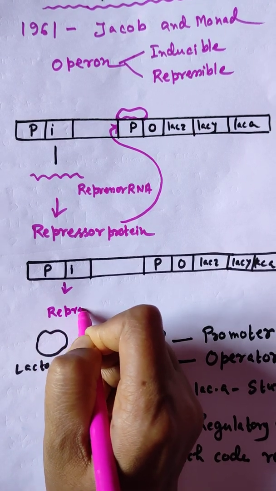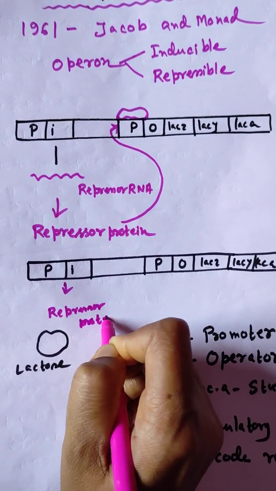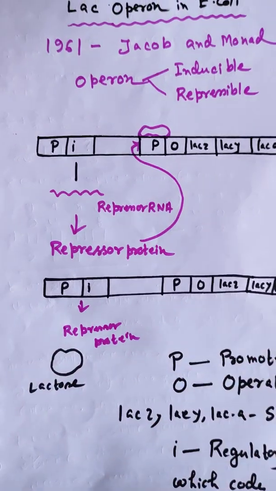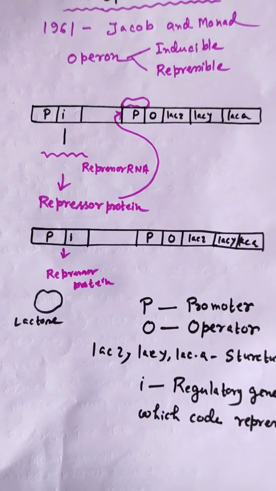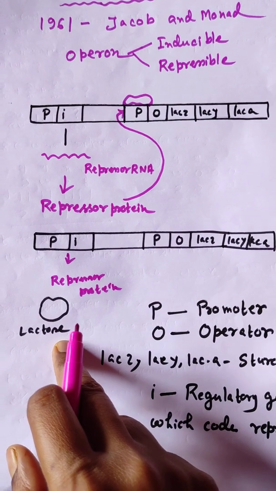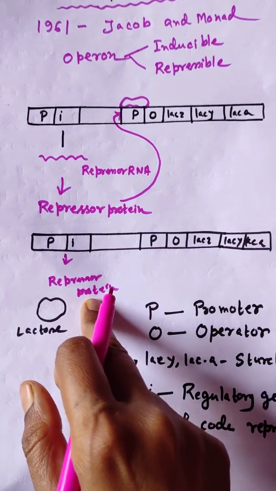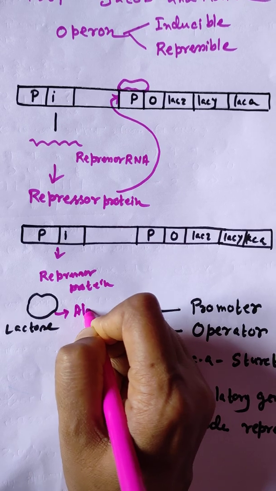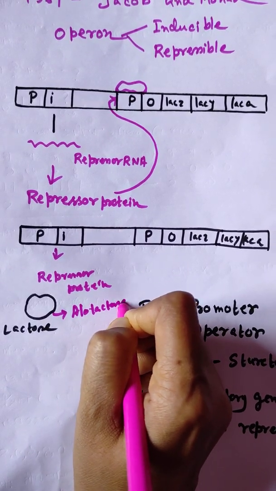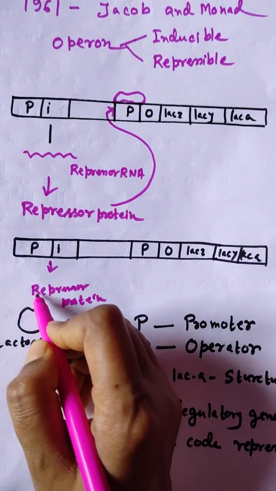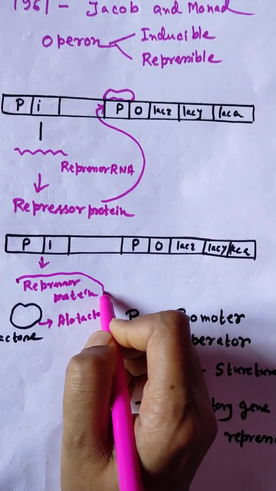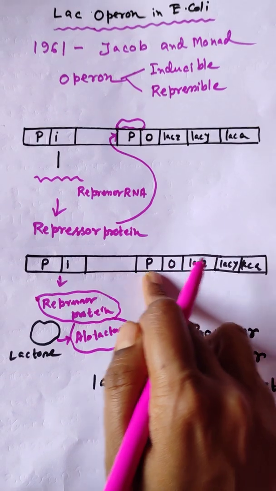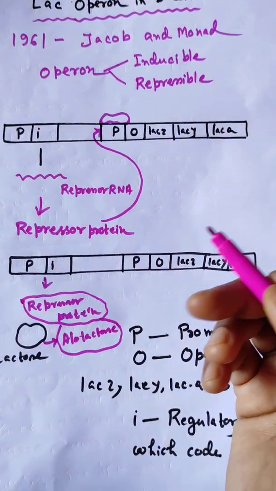Repressor protein and lactose bind. When lactose is present in the media, lactose binds to the repressor protein. Not actually lactose, it is allolactose. It binds to the repressor protein, then the promoter region is free.